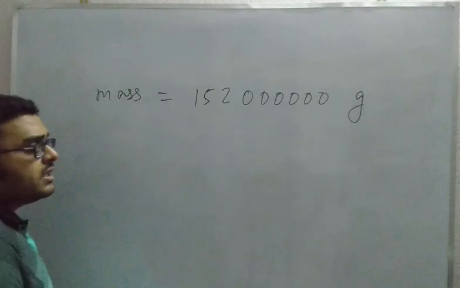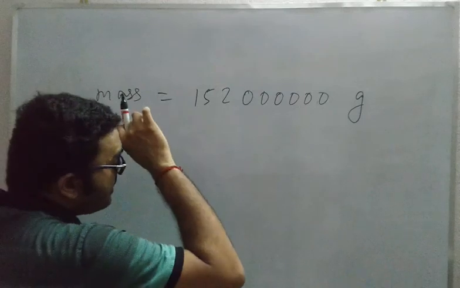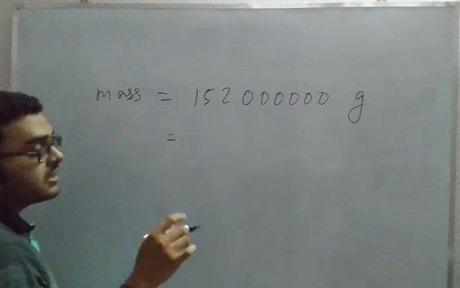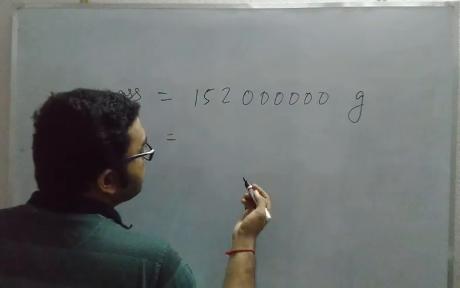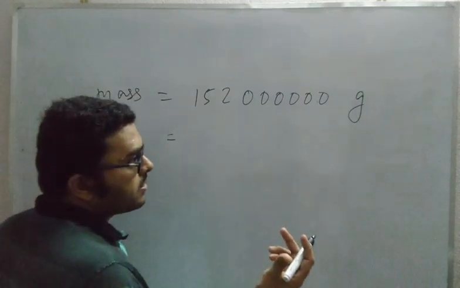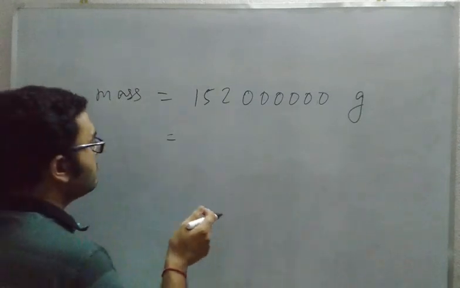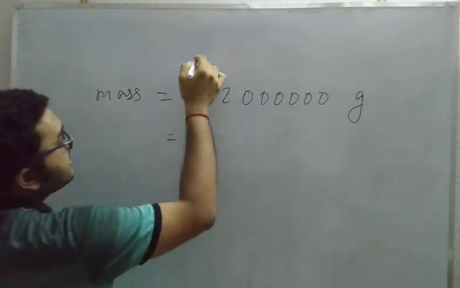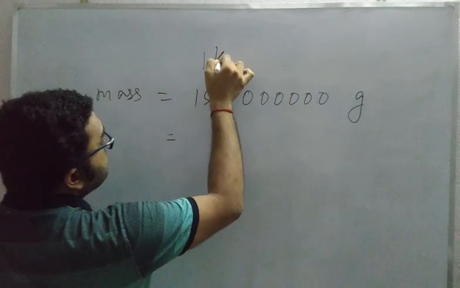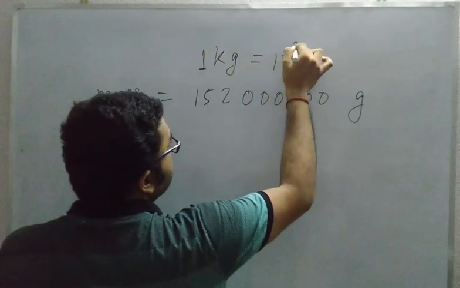I can use a higher unit of the gram, that is, I can express this in kilogram. We have seen that kilo is related to the gram as 10 to the power 3. So I know that 1 kilogram is actually 10 to the power 3 grams.